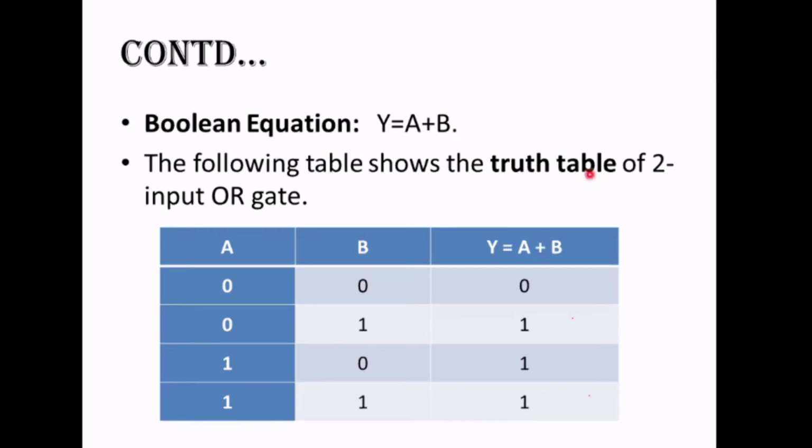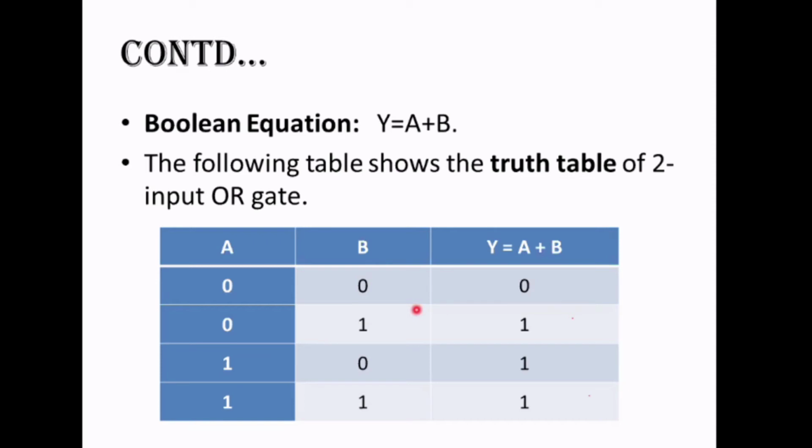It means that whenever any one of your inputs is high, your output will be high, right? यानी कि अगर हमने यहाँ पे दो inputs रखे हैं, right? We have presented currently two inputs to your logic gate, right? Now, out of these two inputs, if any one input is high, then your output will be high.